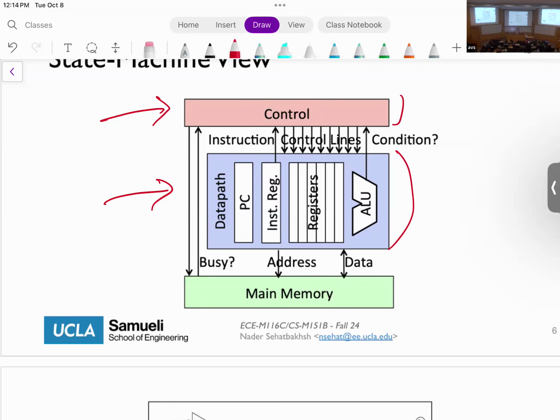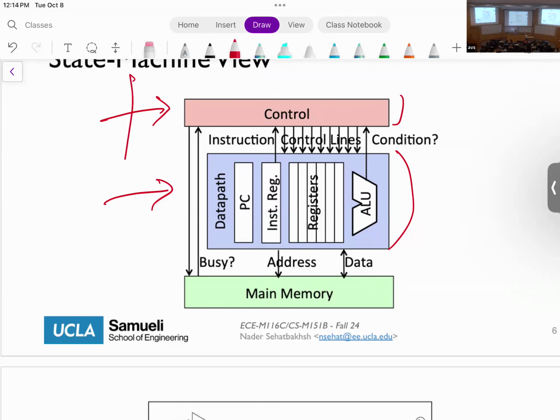So essentially, a microarchitecture is this two-unit thing that has a data path and a controller. The controller is essentially controlling the data flow of the instruction through the data path. And the data path is actually the units that we're going to use in order to execute various different things in an instruction. So for example, we need to fetch an instruction, we need to decode it, we need to execute it, and so on and so forth.